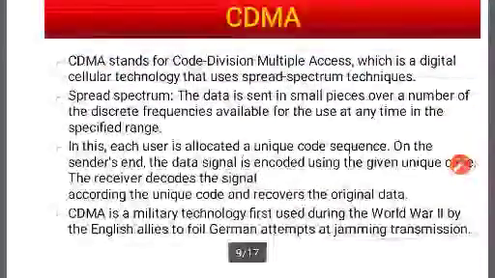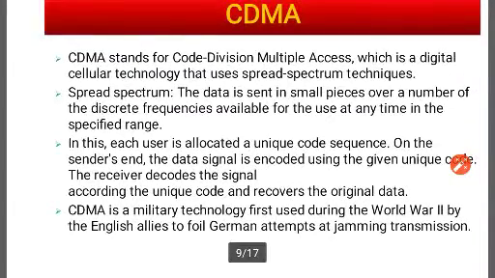Next technology we have is CDMA. CDMA stands for Code Division Multiple Access, which is again a digital cellular technology that uses spread spectrum techniques. Now what is the spread spectrum technique?